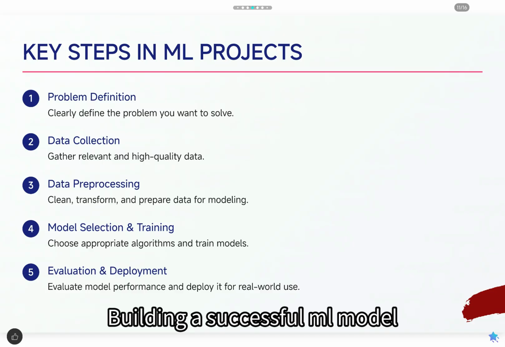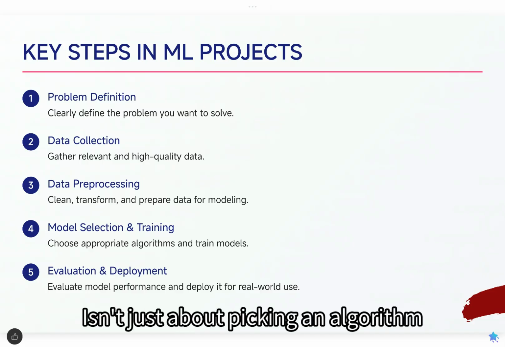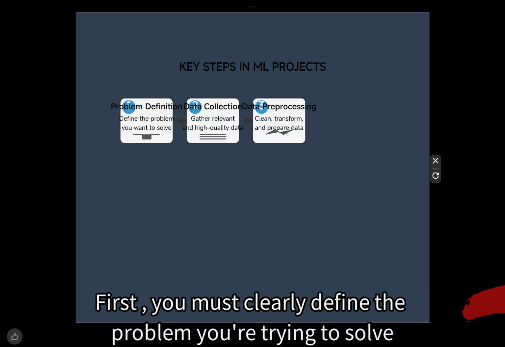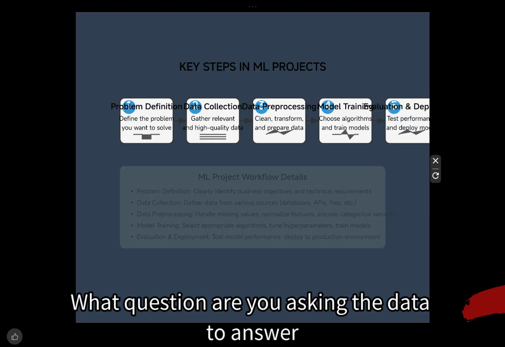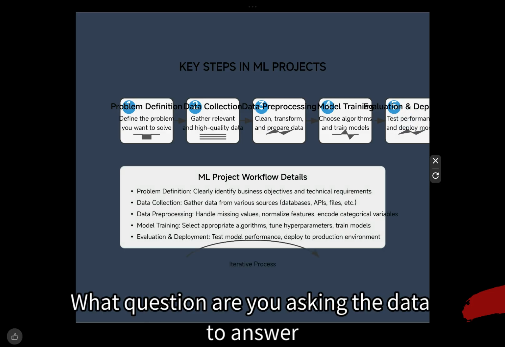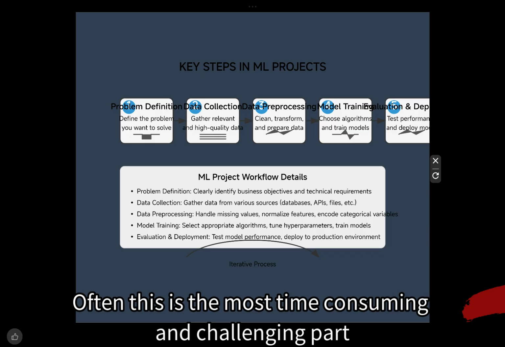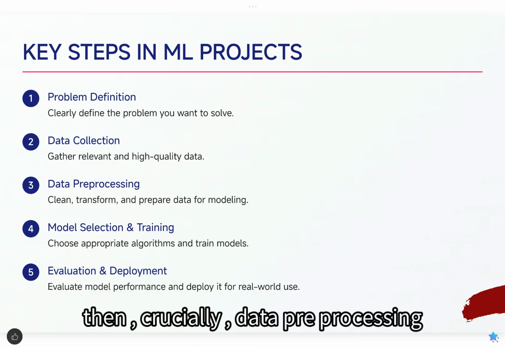Building a successful ML model isn't just about picking an algorithm. It's a structured process. First, you must clearly define the problem you're trying to solve. What question are you asking the data to answer? Next comes data collection, gathering the relevant data. Often this is the most time-consuming and challenging part. Then, crucially, data pre-processing.